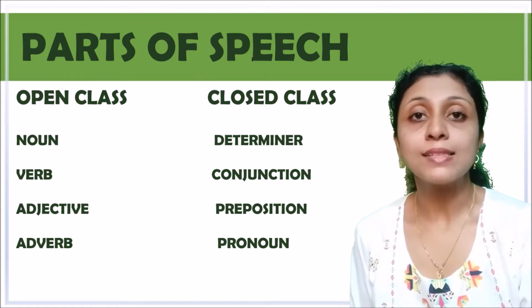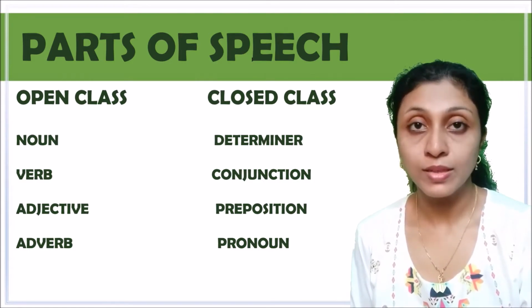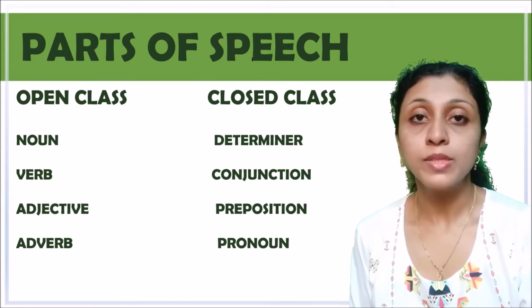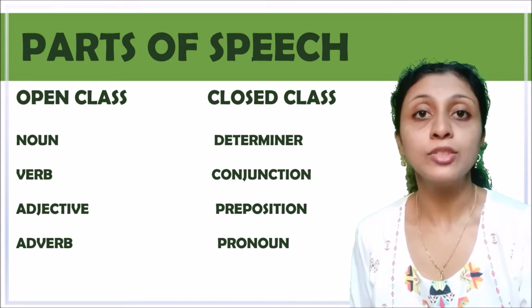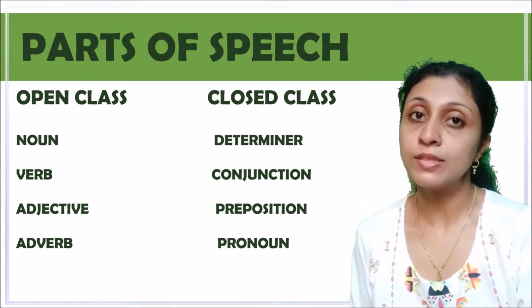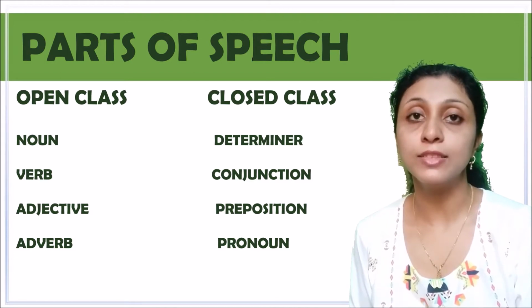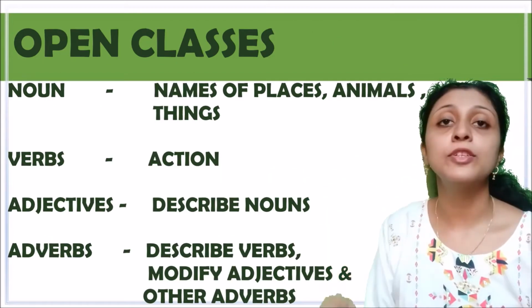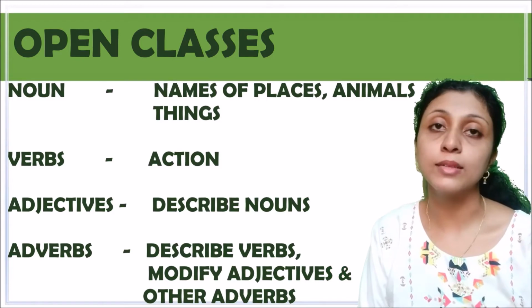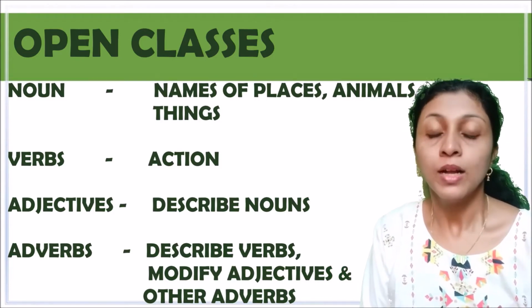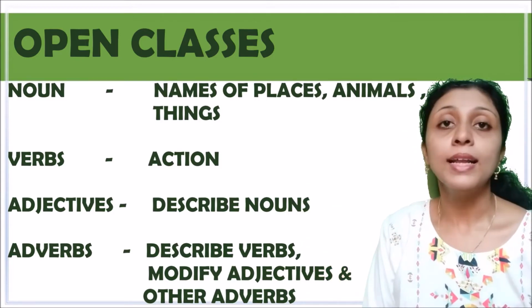The open classes include the nouns, adjectives, verbs, and adverbs, whereas the closed classes include determiners, conjunctions, prepositions, and pronouns. Parts of speech are divided into 8 different categories. Nouns refer to names of places, animals, things, etc. Verbs refer to an action.